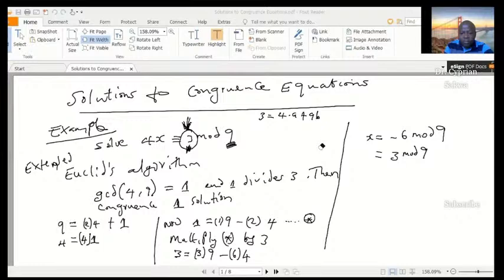The other way you can use Euclid's algorithm, you have to do it up to where I've written star.